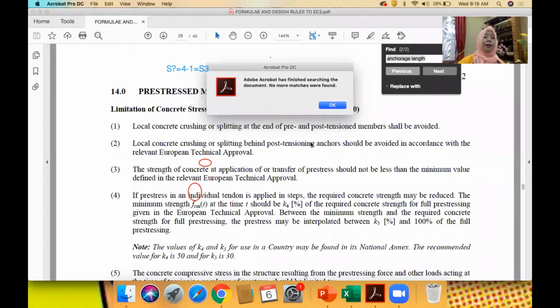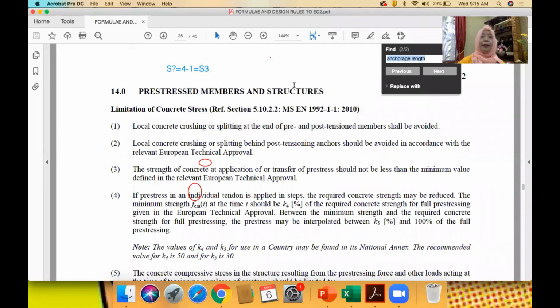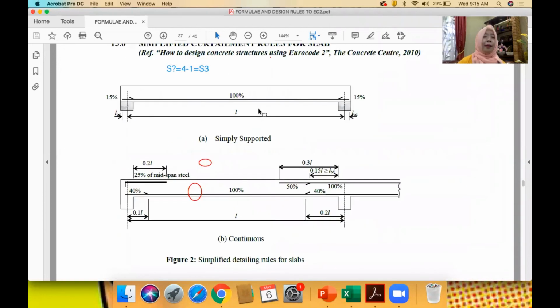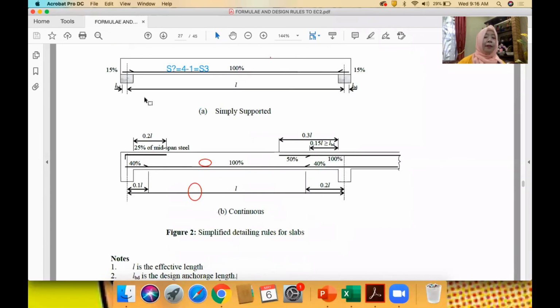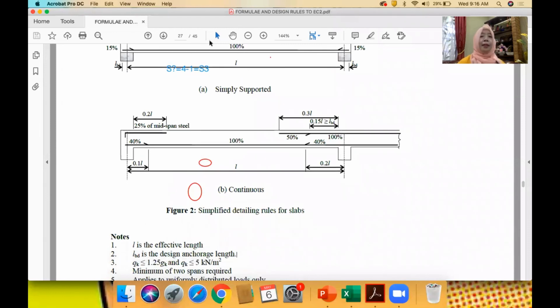Oh, it's not in here. Okay, never mind. It is equal to 12 diameter. The bending here, the simplified rule, LBD is equal to 12 times the diameter.